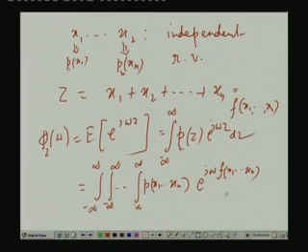Let me repeat this. Suppose you are given a function Z of, say, two random variables x1 and x2, and you are evaluating the expected value of e to the power j omega Z. So, multiplying by the probability density and integrating.